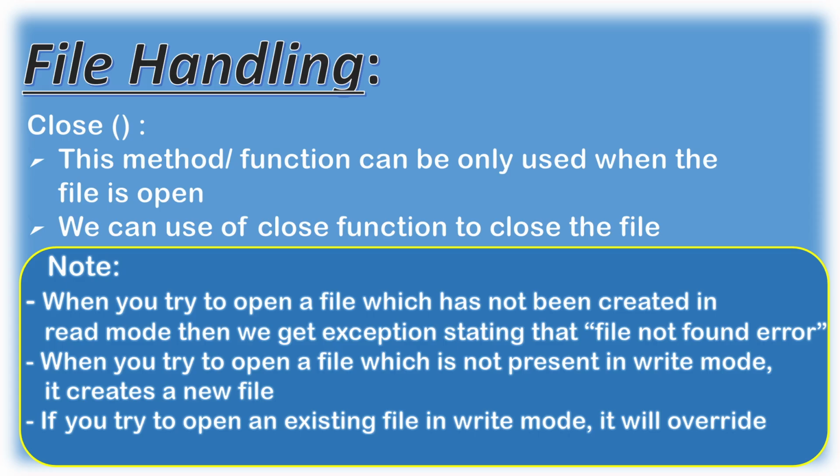In that case, if we use append with the existing file, it will start at the end of the file, I mean the end of the data. Whatever data we have at the end position, that will be added. Let's see some examples for that.